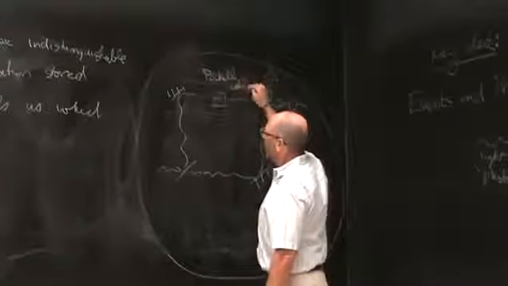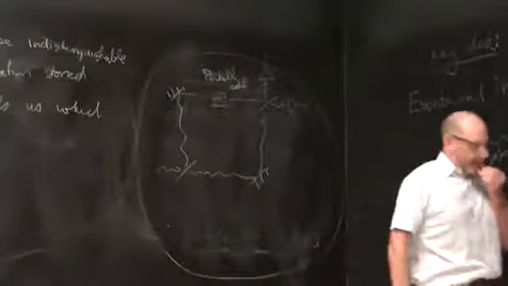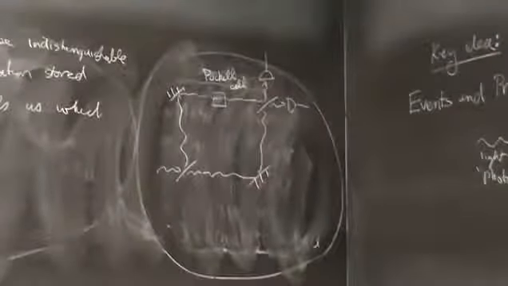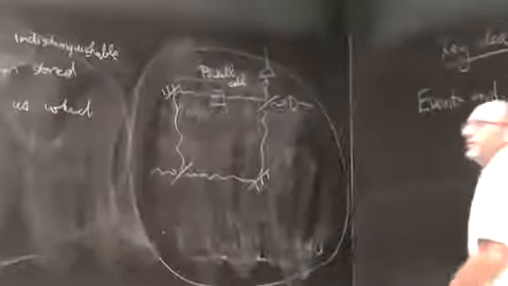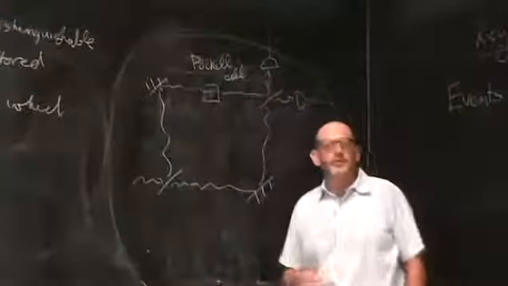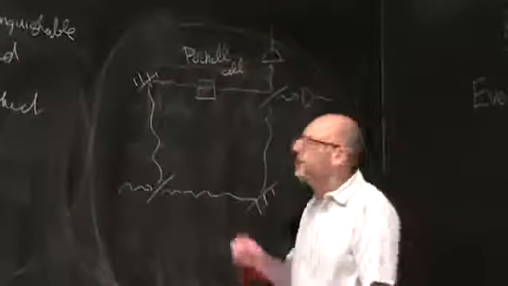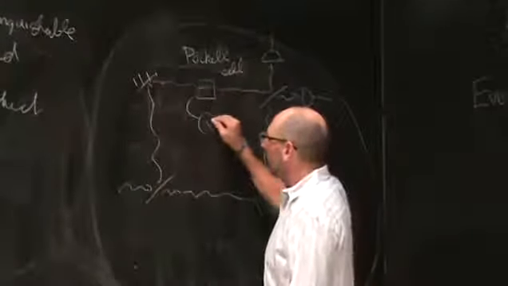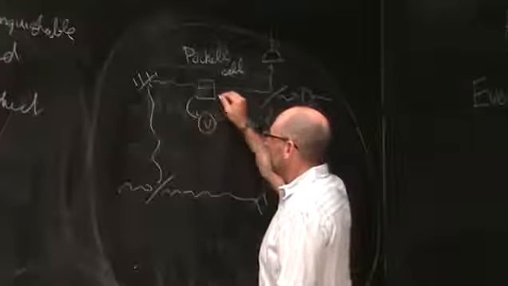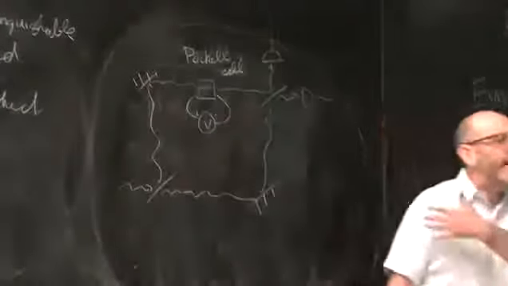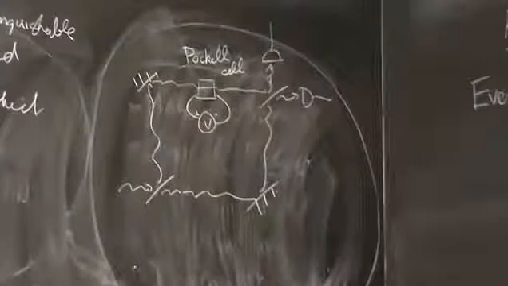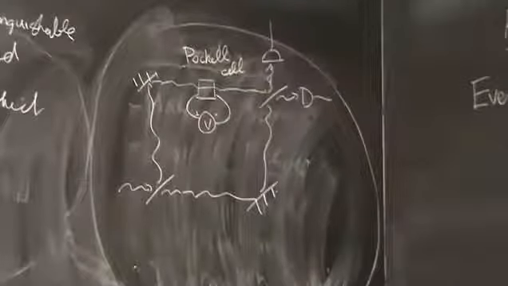So a Pockels cell is a crystal which, when light passes through it, develops a voltage across it. Okay? So I can put a little voltmeter across the Pockels cell. It's a transparent crystal. The light passes through it.